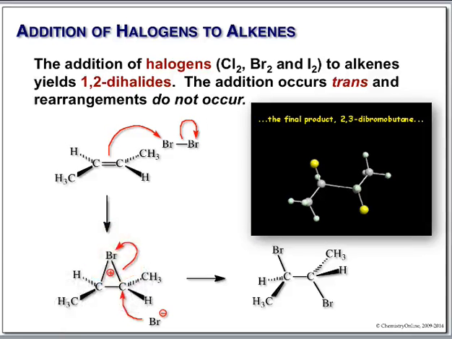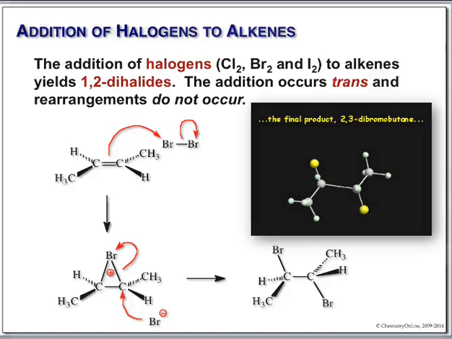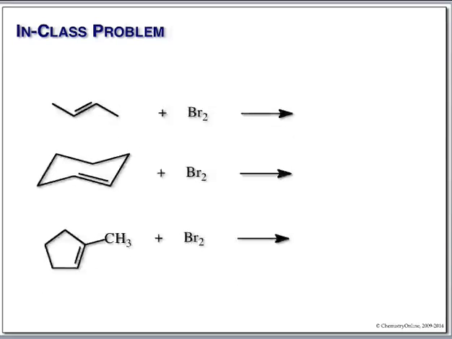In order to explain the stereochemistry, the bromonium ion intermediate is the simplest way to explain that. In fact, this intermediate has not ever been isolated, but one with an iodine has been isolated, crystal structure done. It's a real compound. So it's known that these things do exist.